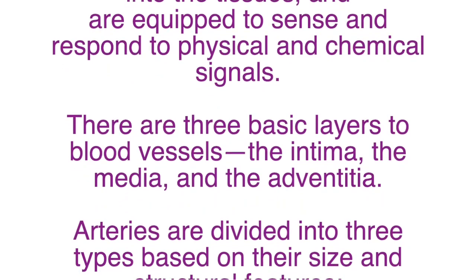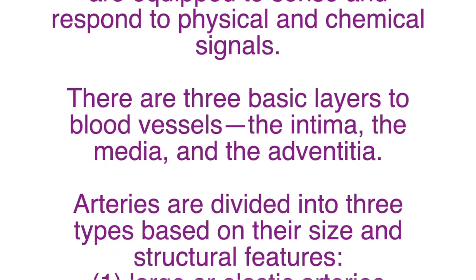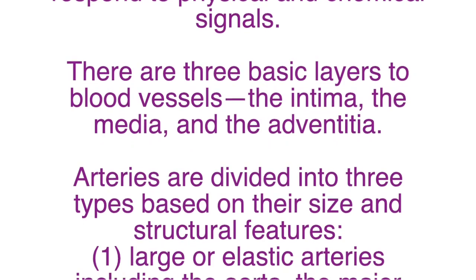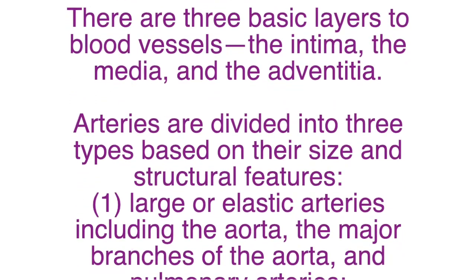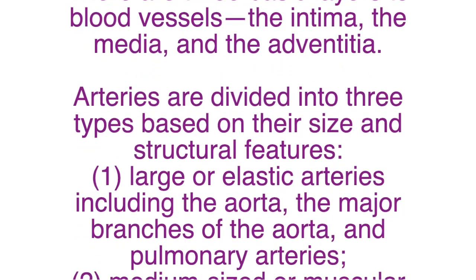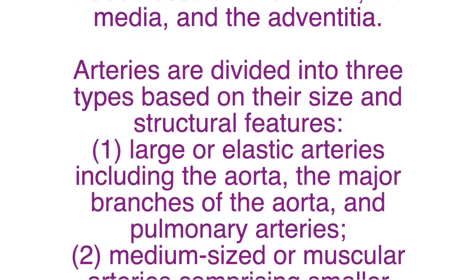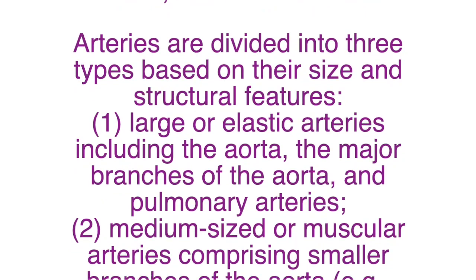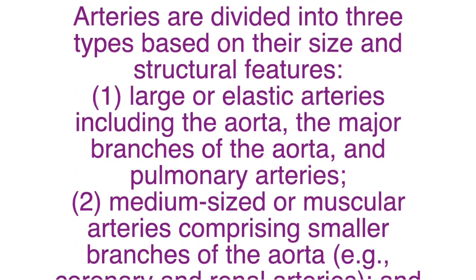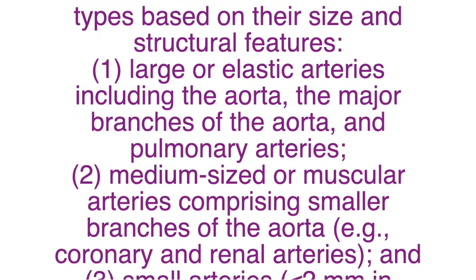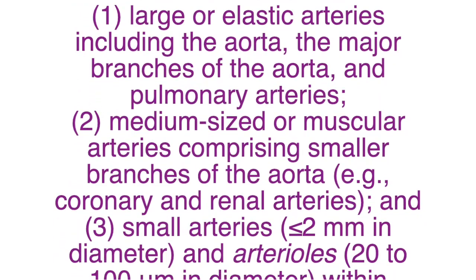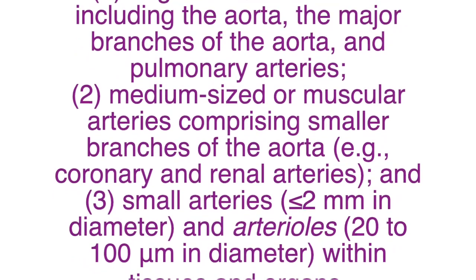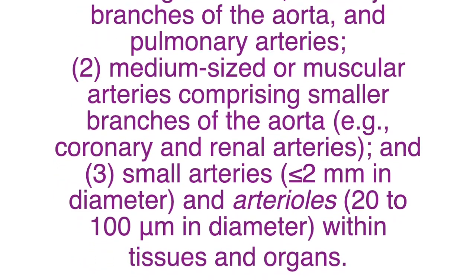Arteries are divided into three types based on their size and structural features. 1. Large or elastic arteries, including the aorta, the major branches of the aorta, and pulmonary arteries. 2. Medium-sized or muscular arteries comprising smaller branches of the aorta, for example coronary and renal arteries, and 3.